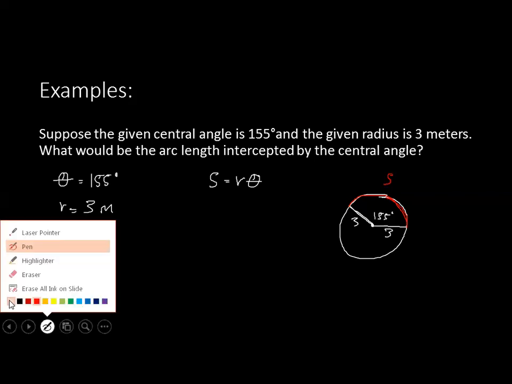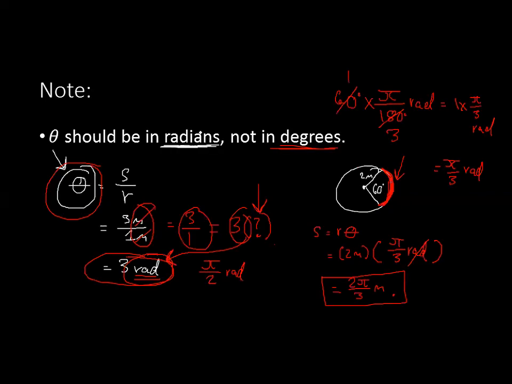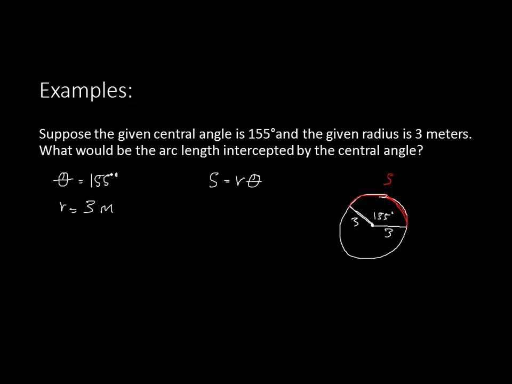So again, what did I tell you? Theta should be in radians, not in degrees. Therefore, we're going to convert this angle into radians. So recall again, if you're going to convert an angle that is in degrees into radians, you're going to multiply it with pi all over 180 degrees radians.